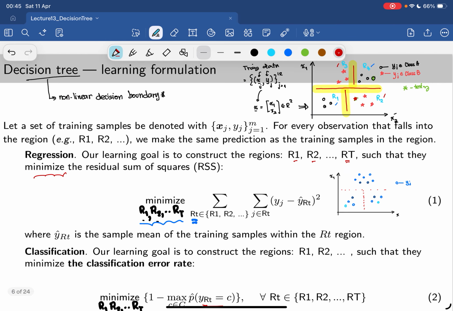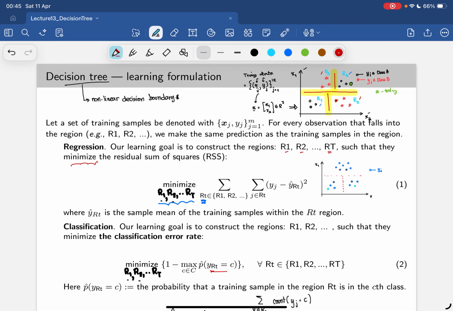For example, if this testing data is actually in region R2, and it actually came from class B, this means that the region error is going to be low. It's going to be 0.